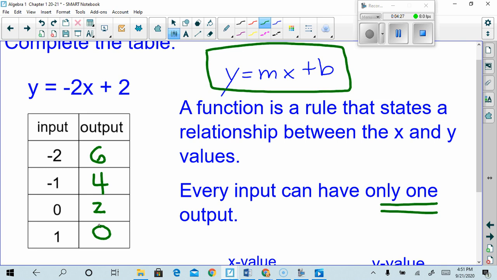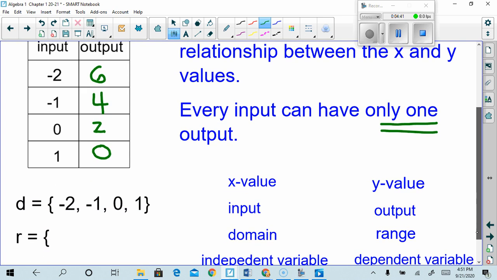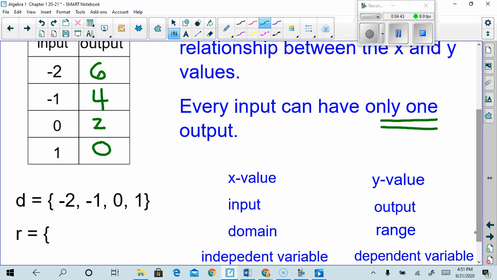We had been given our domain or our input. We then put each value into the function or rule. We simplified, and out came our output values or our range. So now we can complete this by saying our output is 6, 4, 2, and 0.